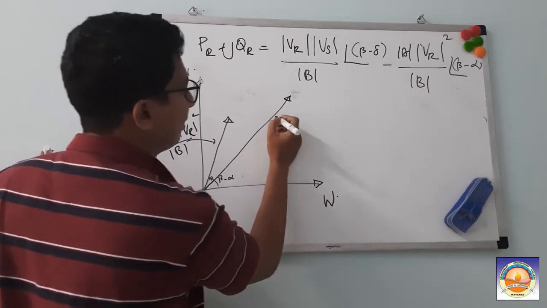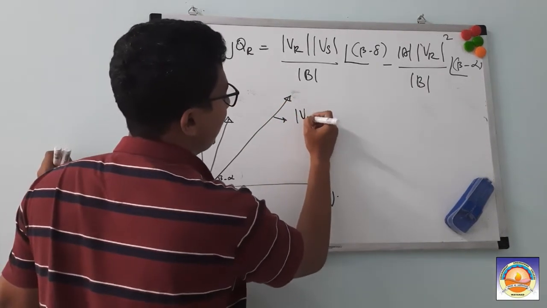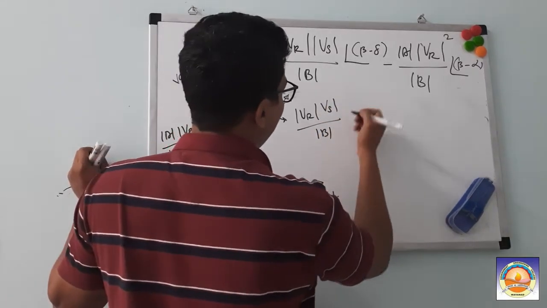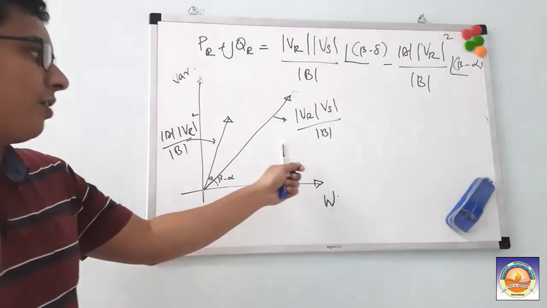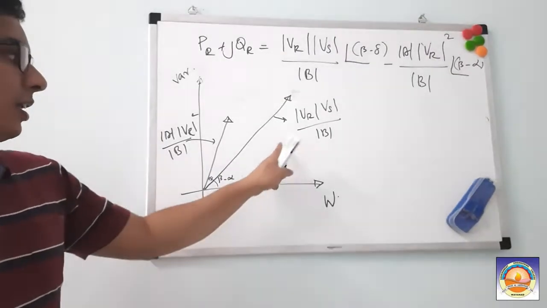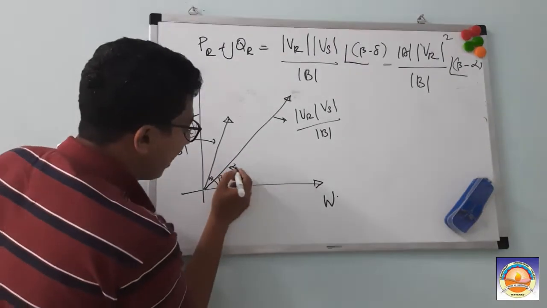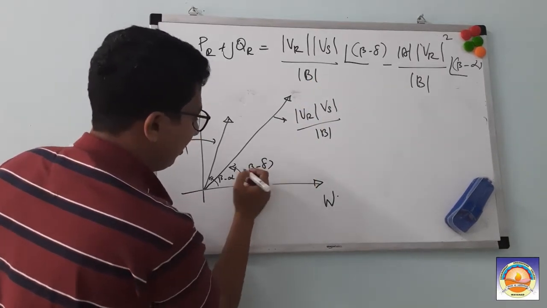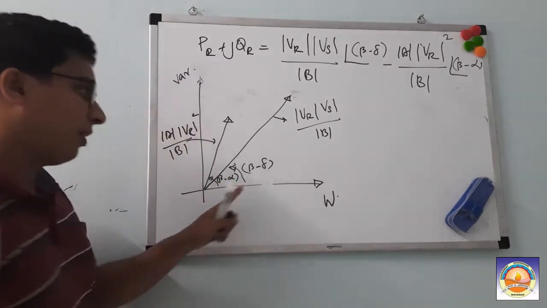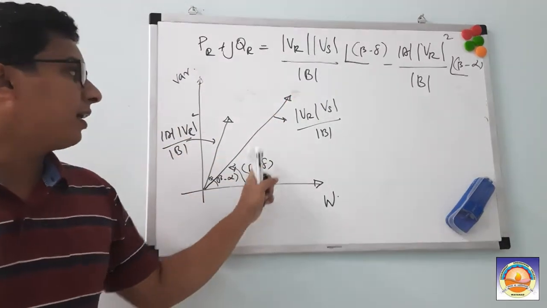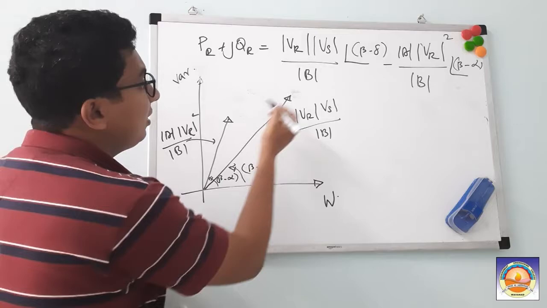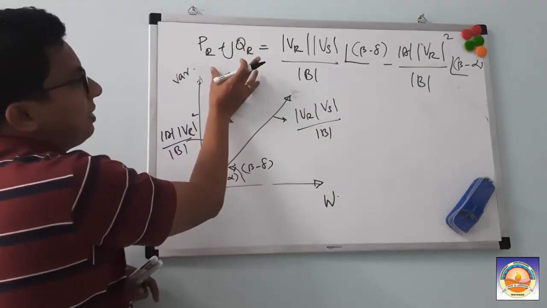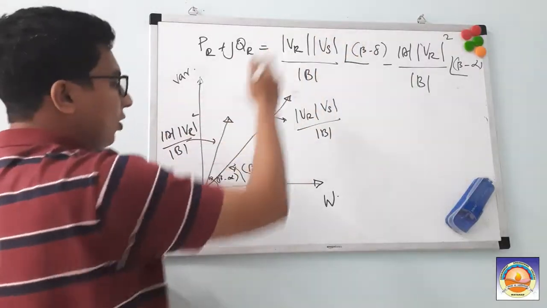This has the magnitude of Vs Vr by B, and this angle is given by beta minus delta. This is at an angle of beta minus alpha, and this at an angle of beta minus delta. Now Vs Vr by B at this angle plus PR plus jQR will give me this vector.